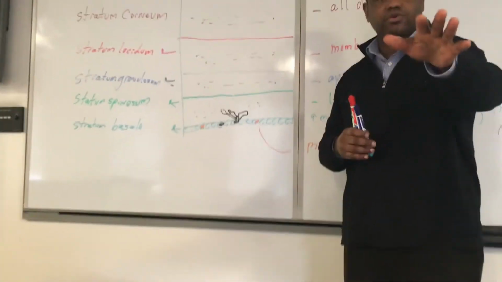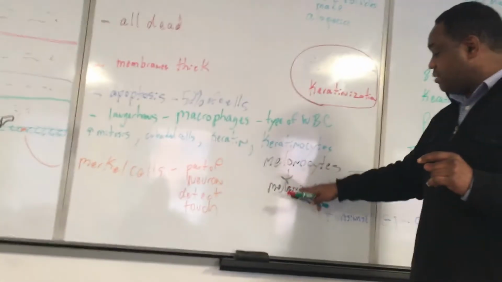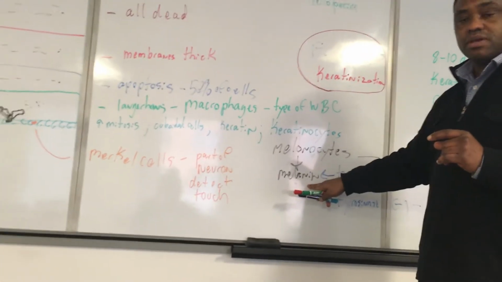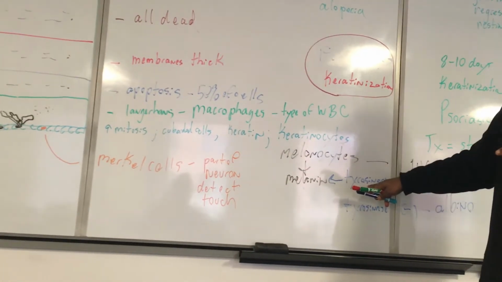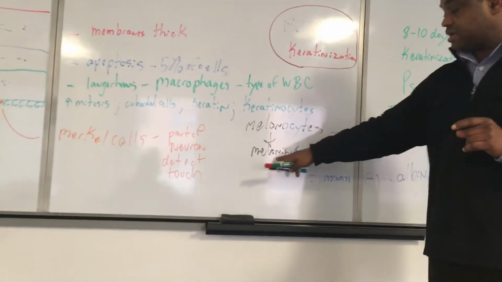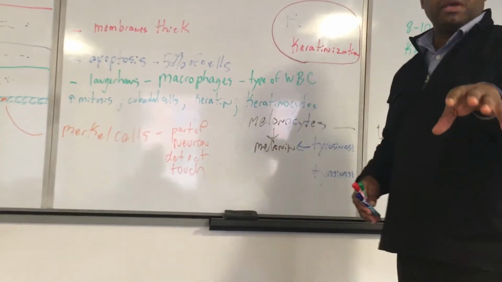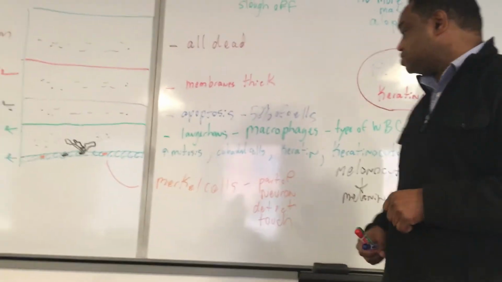But the main thing to focus on is that they create this pigment called what? Melanin. So melanocytes create melanin, because they have this enzyme that creates it. It's called tyrosinase. It makes melanin. Melanin is a pigment, and that's what gives you that color.